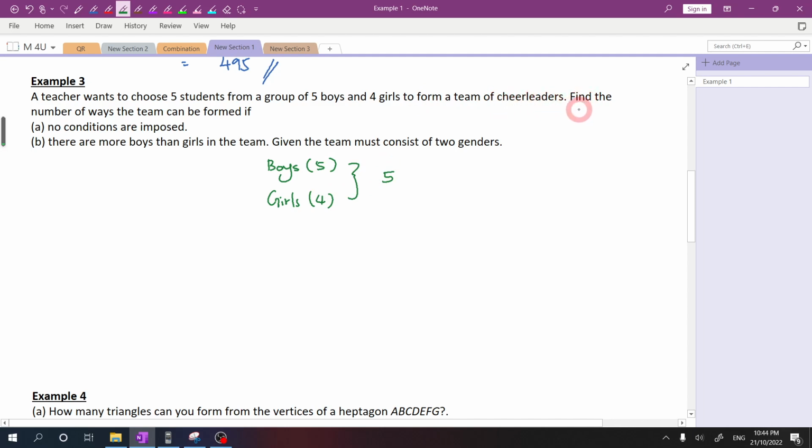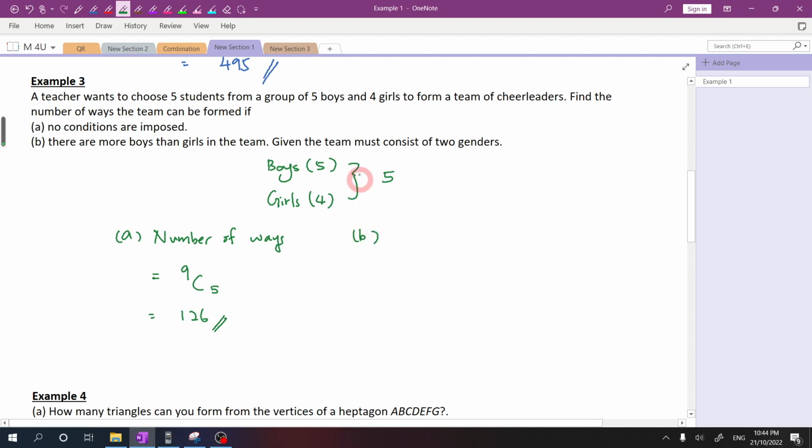Find the number of ways the team can be formed if no conditions are imposed. So part A is actually pretty simple. Number of ways. No conditions are imposed. So in total we have 9 students, right? So from 9 students, we choose 5 from them. 9C5, which is equal to 126.